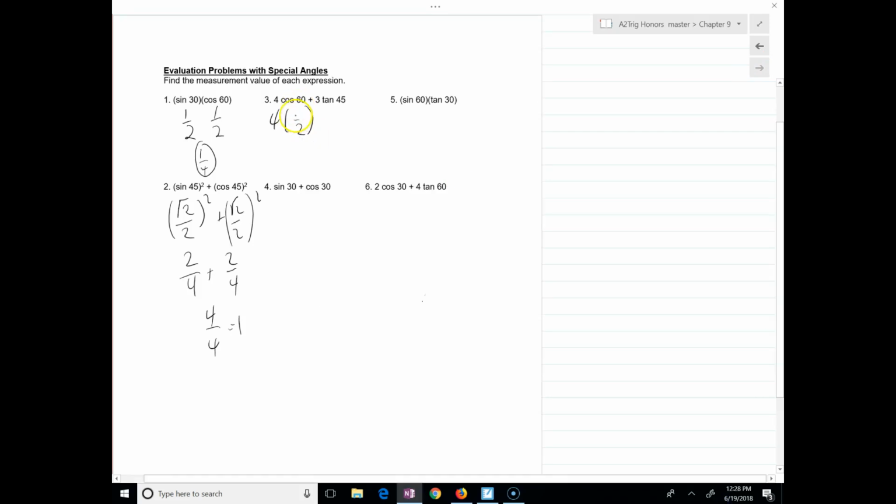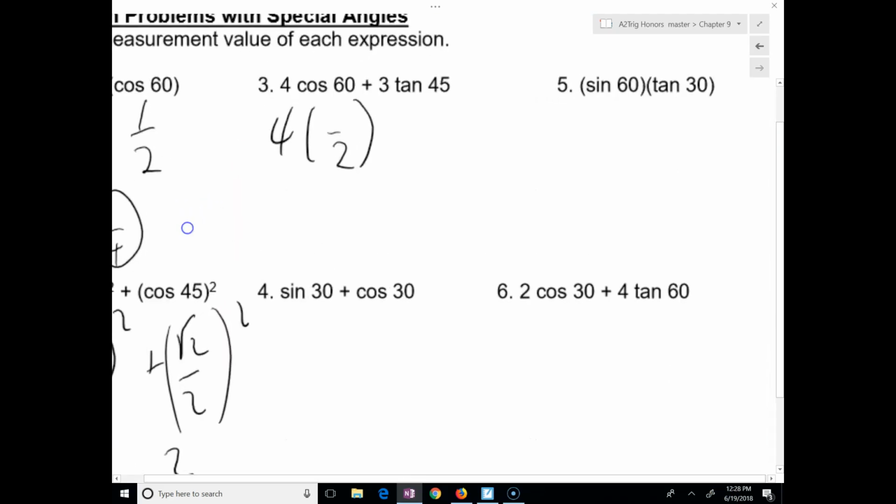So there we go. Plus 3 times the tangent of 45. Now again, do you see why you kind of want to memorize these? Well, the tangent of 45 is 1. So 4 times 1/2 is 2 plus 3, which is 5.